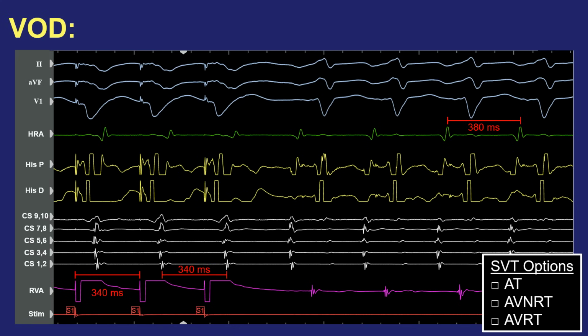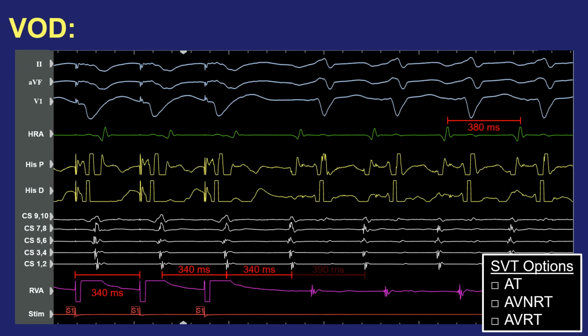And so on first glance, we say, okay, we have a VA-AV response, right? So we can say, aha, it's an atrial tachycardia. But wait a minute, not so fast. We forgot to make two more measurements. We need to figure out not only did we accelerate the atrial rate to the pacing rate, but we forgot to figure out which was the last advanced atrial event, because here's another fake out.